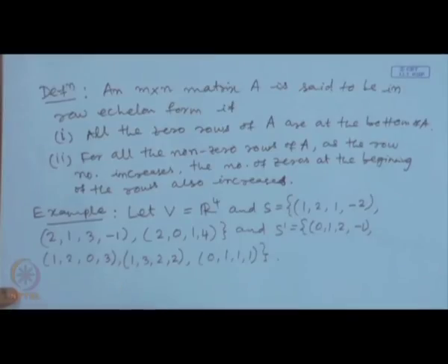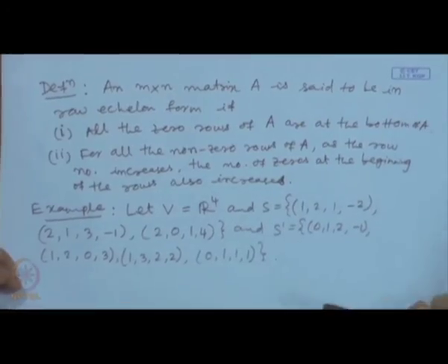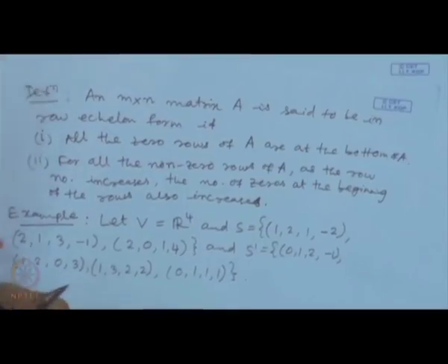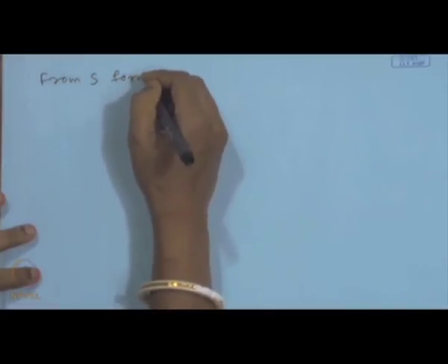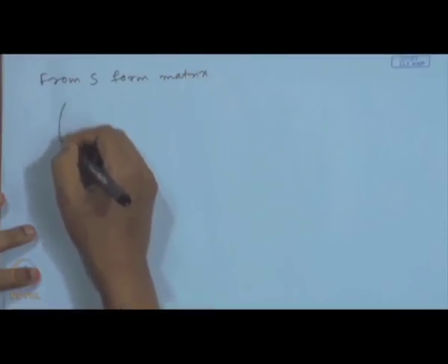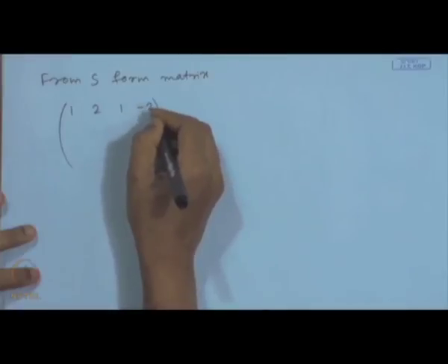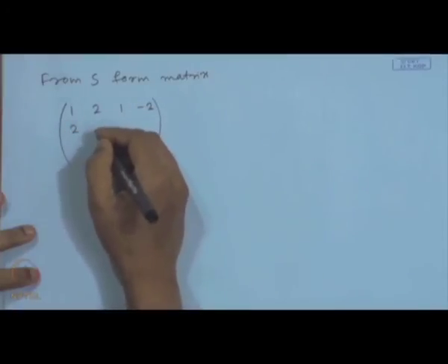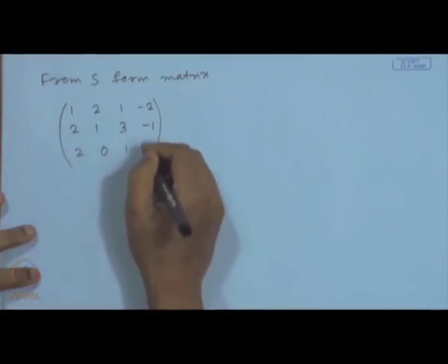So, for this subset S of vectors, we form a matrix by taking the vectors in S as rows. So, from S form the matrix: (1, 2, 1, -2) and so on, taking the vectors as rows of this matrix, and (2, 0, 1, 4).